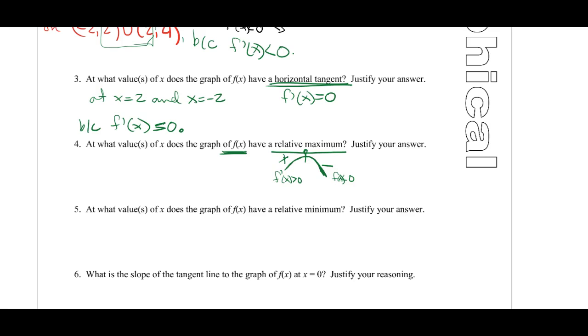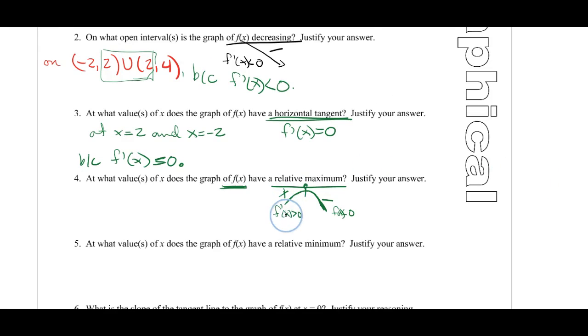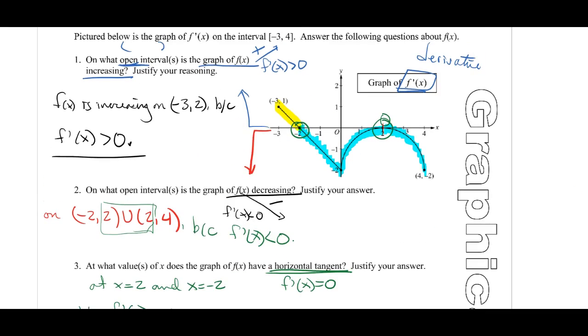With this information, then I want to go back and examine my graph and find where my derivative changes from positive to negative. And the only place my derivative changes from positive to negative is right here, because this is my only place I have positive. So it changes from positive on this side to negative on this side, meaning that I have a relative max at x equals 2.